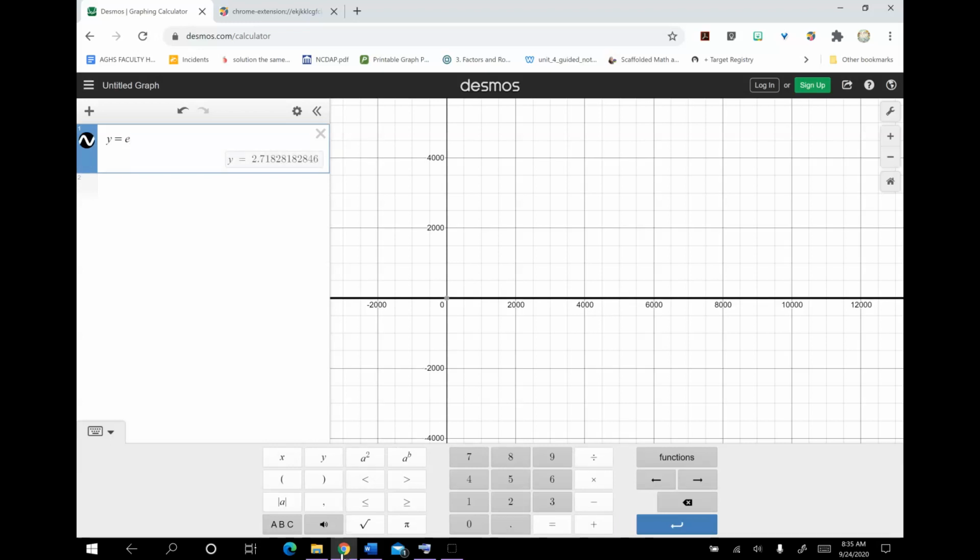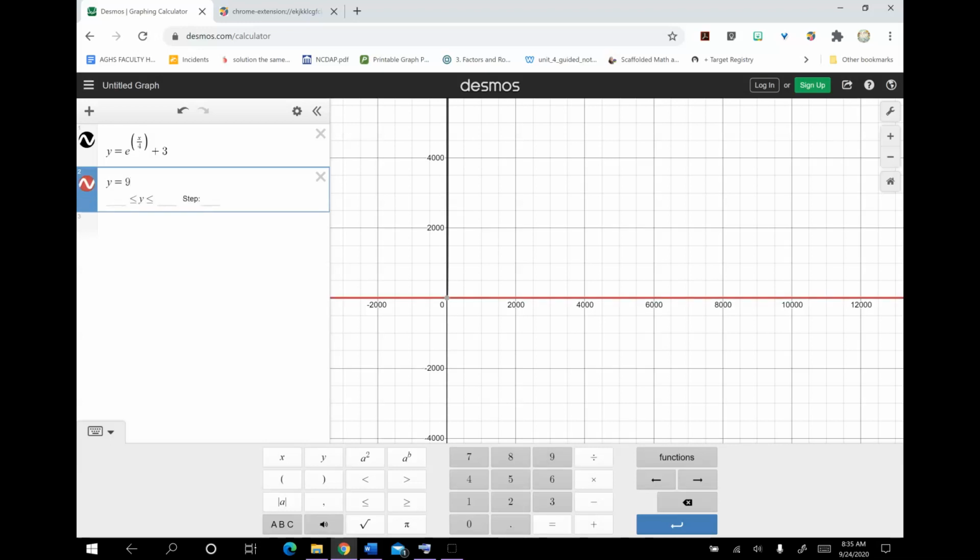So it's e to the x over 4. So I'm going to raise it, parentheses, for x over 4, x divided by 4. You got to tab over, parentheses, tab over again, and then plus 3. Okay, and then line 2 was y equals 9.